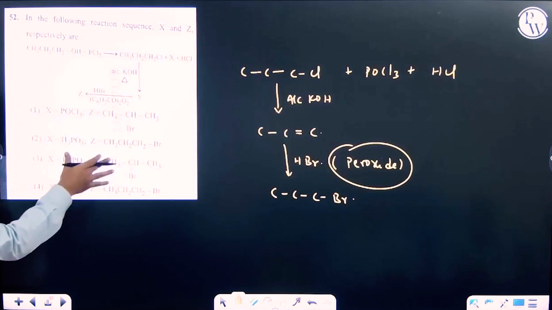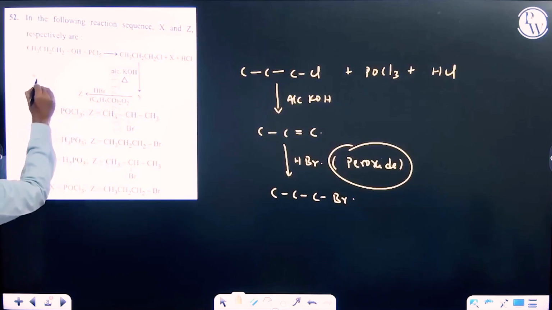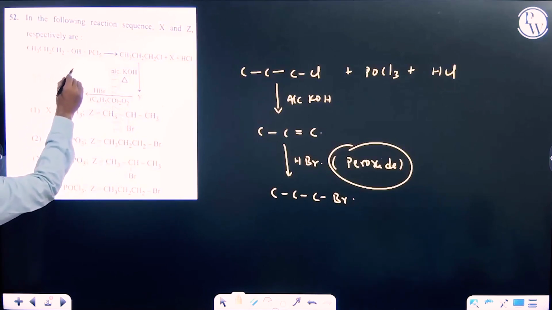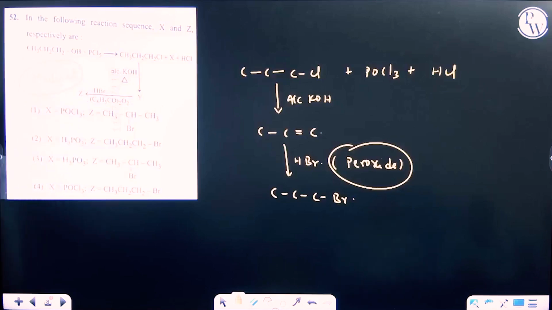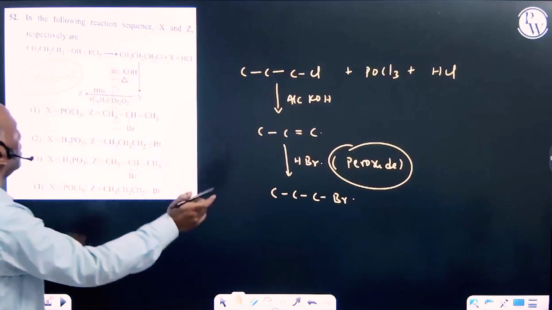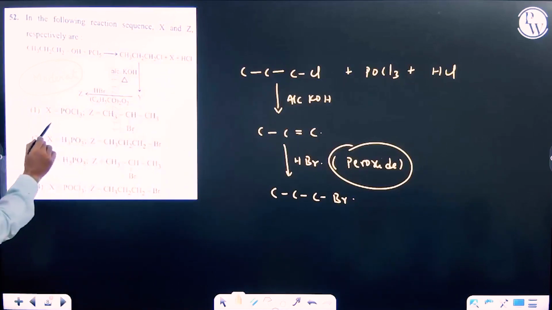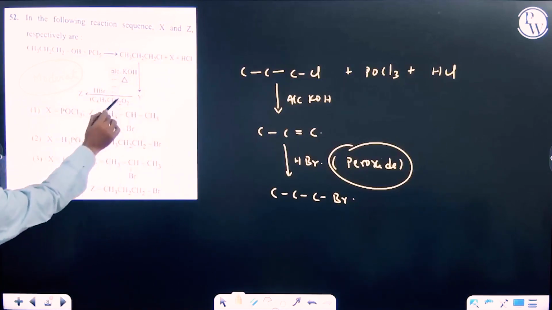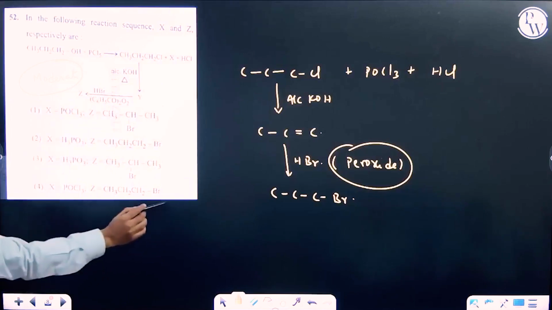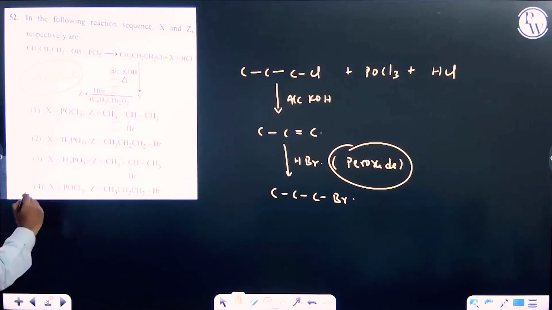So again a trap, and hence I can classify this as a moderate type of reaction where students can make a mistake. So you need to be careful. Here your X will become POCl3 and the final product Z is 1-bromo, and hence you need to go for the 4th option.